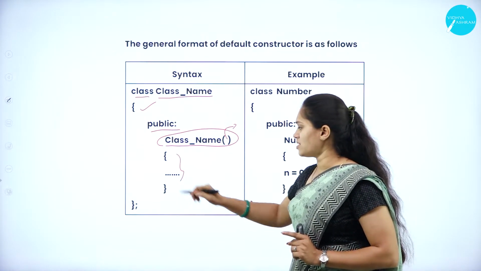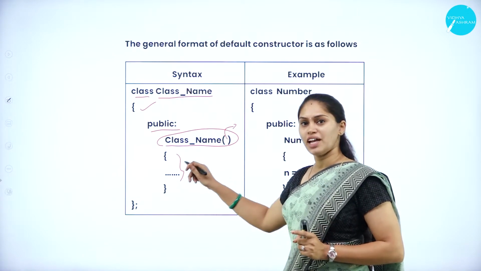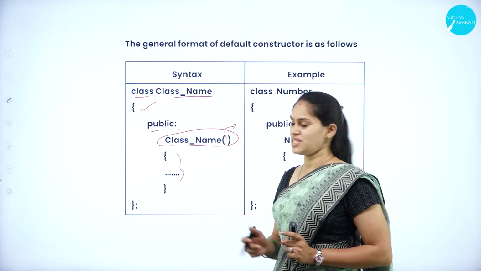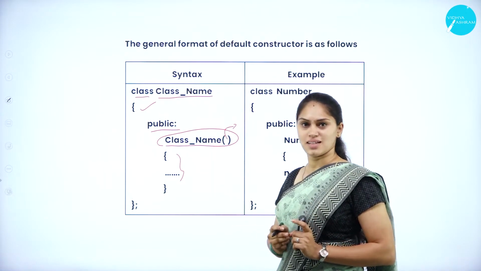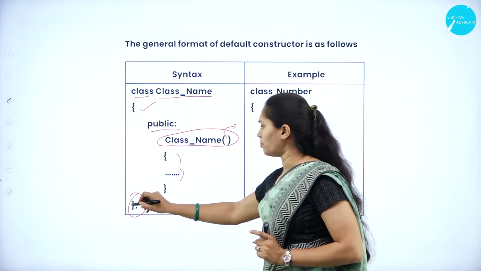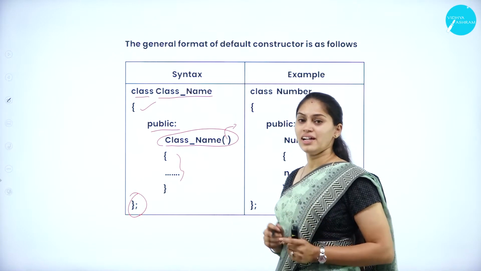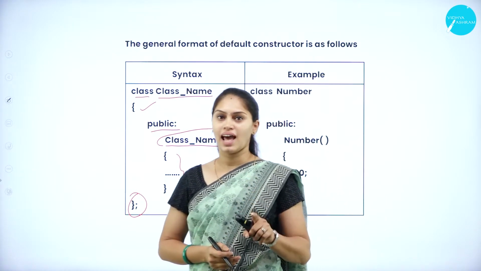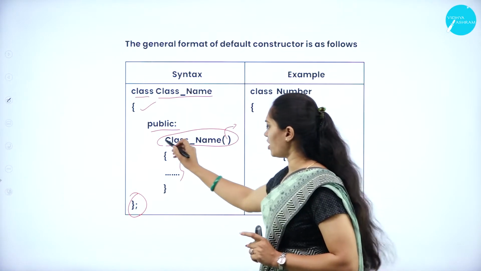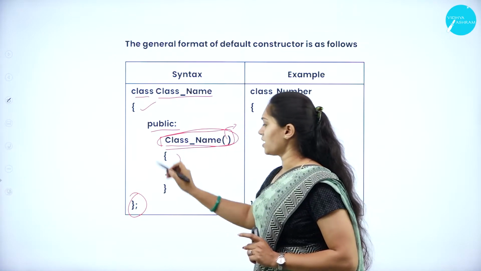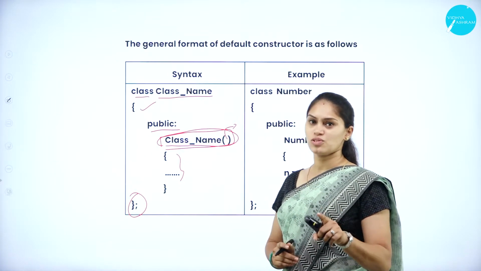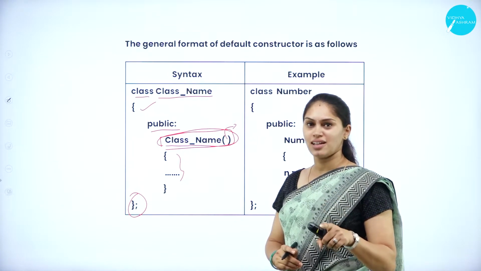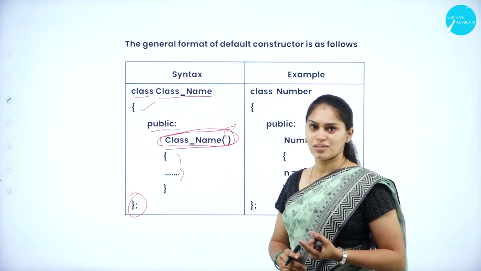After that, it includes the function body, where you may write any code related to this constructor. Then I end the scope of the class. The main line of this default constructor is this one. Am I sending any arguments or parameters within that function? No, so I can call this constructor a default constructor.